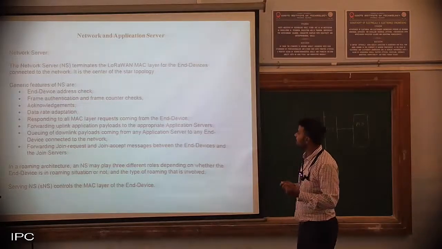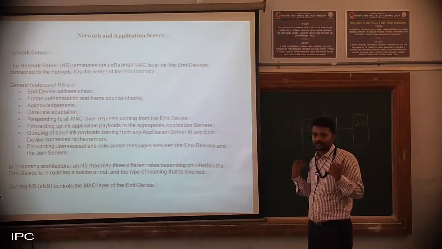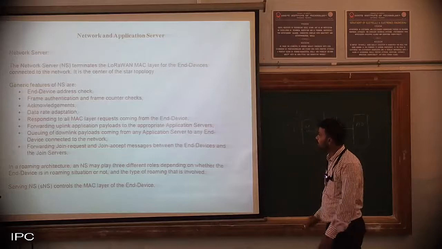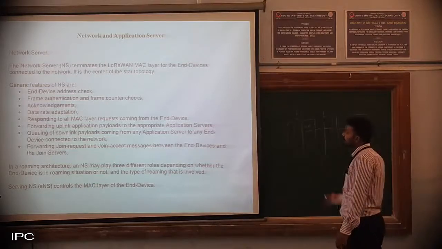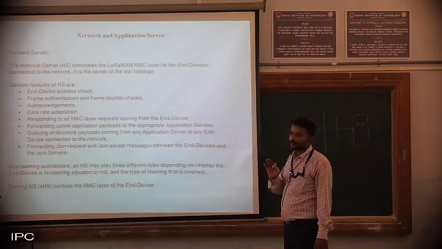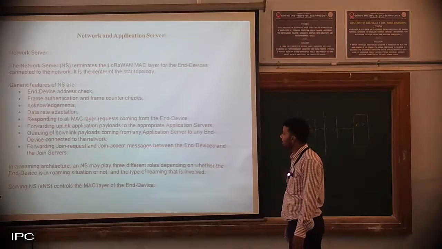So authentication and counter checks tell how many messages we have received and how many have been lost. That check can be done here in the network server. Acknowledgements happen in the network server. The data rate is indicated in the network server. That is the data rate adaptation.